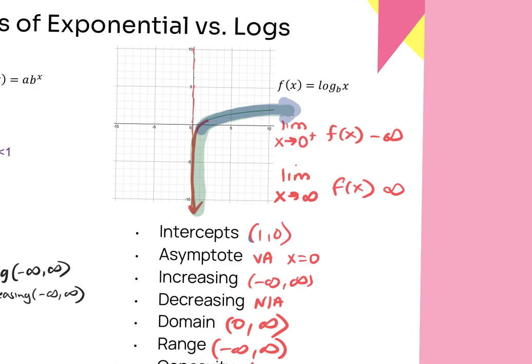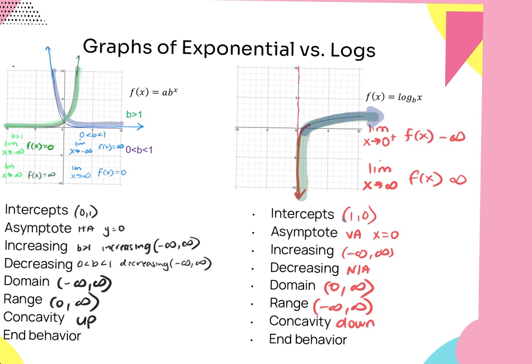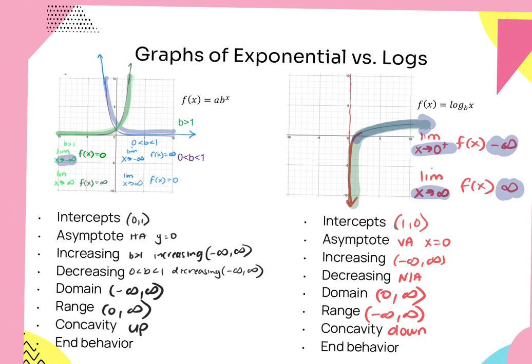So you see the difference with a log is that the f of x is going to be approaching either infinity or negative infinity, but one of these limits is going to change to be the value of the vertical asymptote. On the exponential function, we go negative infinity and positive infinity on the limit notation, but then the f of x is going to be approaching the asymptote for one of those values, and then positive or negative infinity for the other.